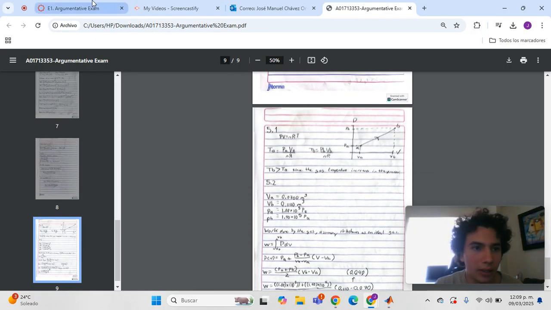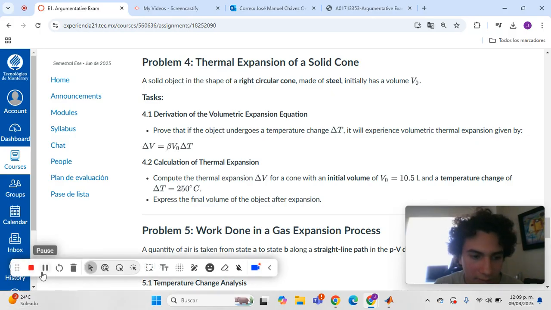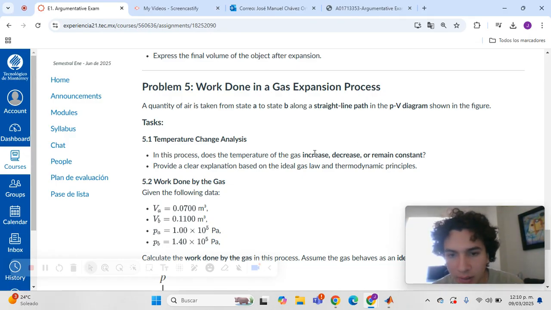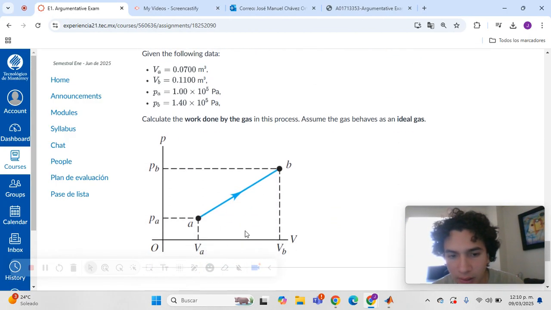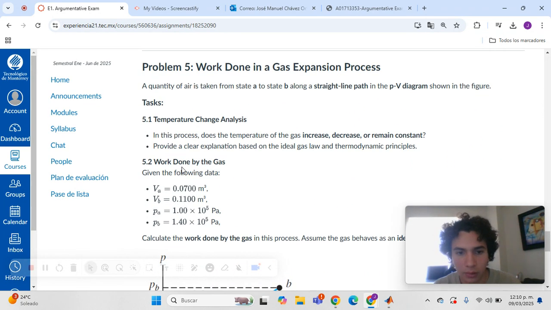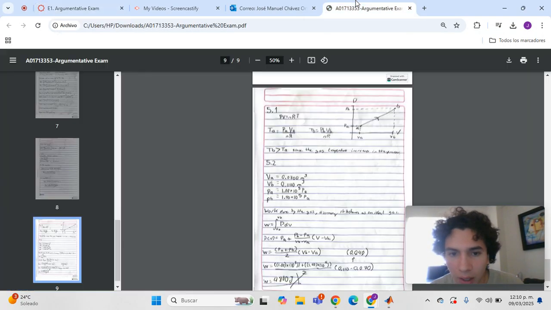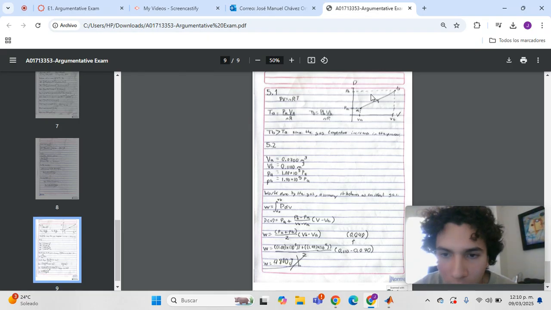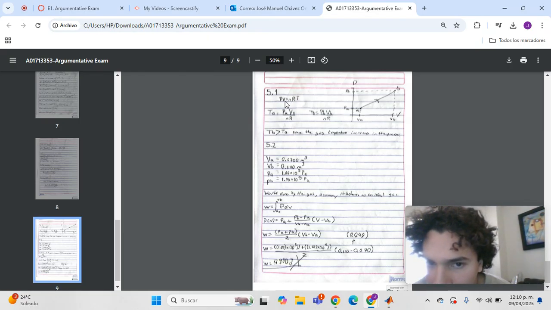And now, lastly, going on to problem 5, we have the gas expansion problem, which first asks us to determine if the gas temperature increases, decreases, or remains constant in this specific figure, and afterward calculate the work done by the gas. So if we go over to my problem, we know that the ideal gas formula is over here, PV equals nRT, sorry.